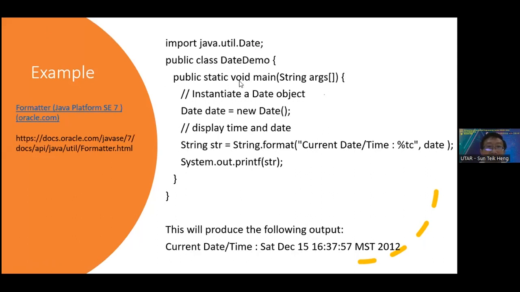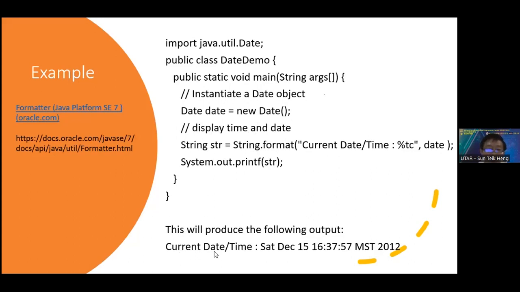All right. Example. So the example here in Java shows you how to use the %tc. %tc will produce for you this date and time format. So you can see using printf to display the value in the variable str. In the str, we have current date/time.